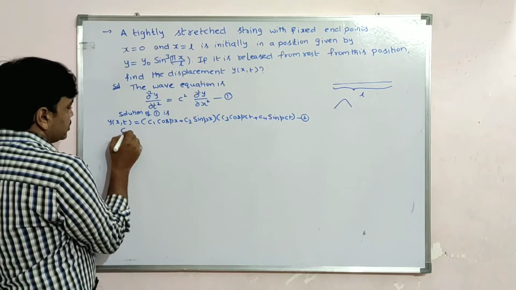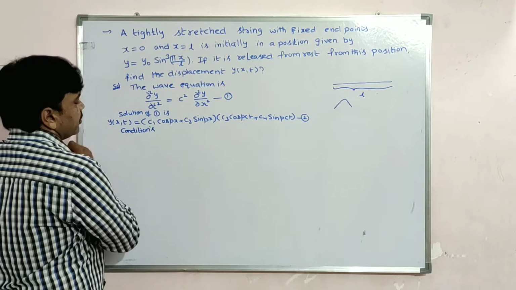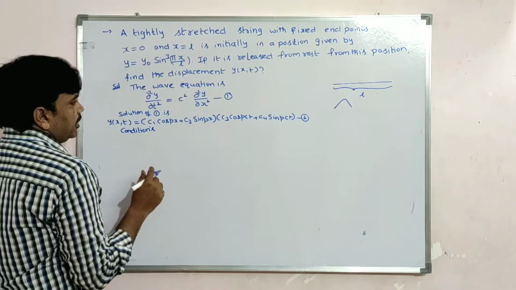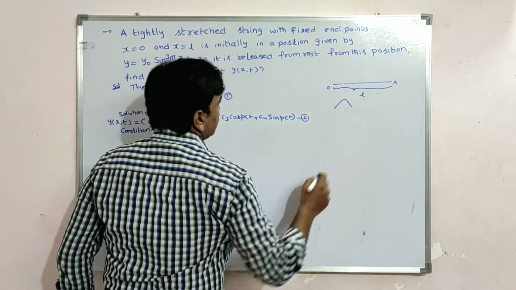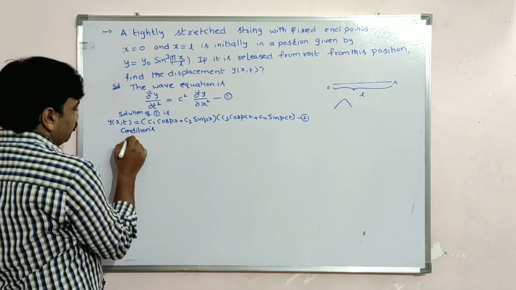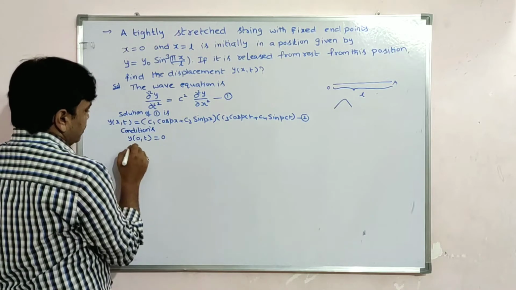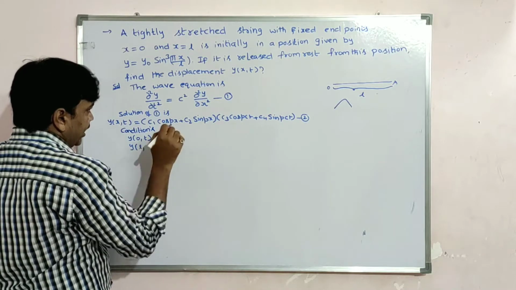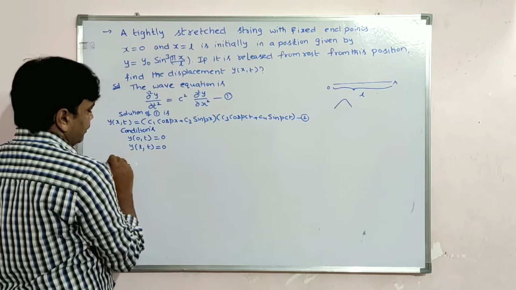Now, conditions. Initially at the ends O and A, there is no displacement, so the displacement is 0. So y at 0 comma t at any time is 0. At the other end, y at L comma t is equal to 0.